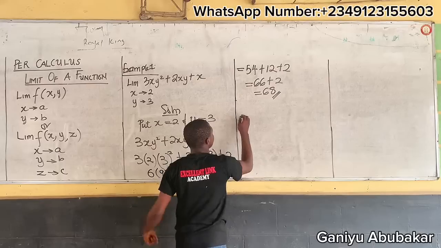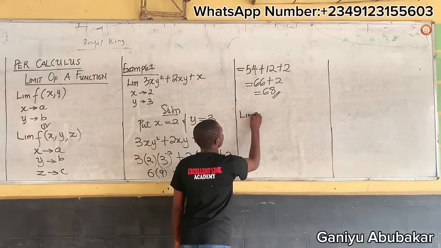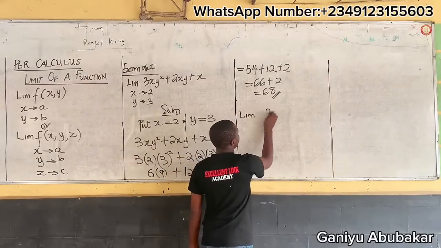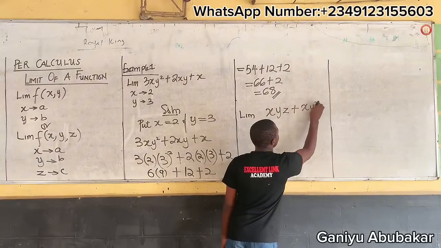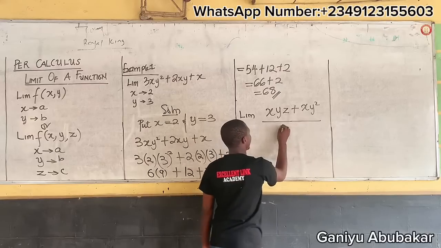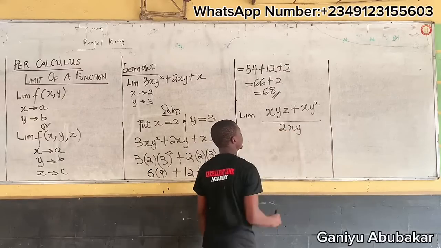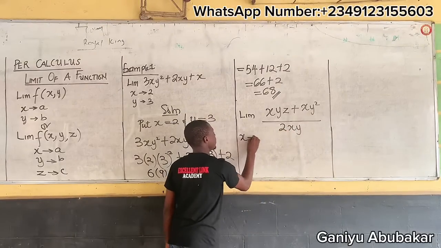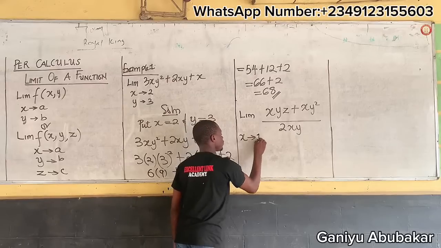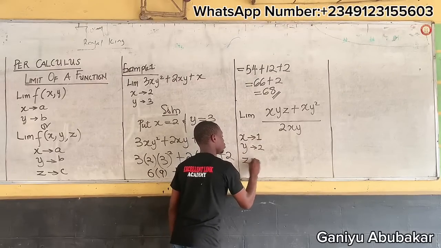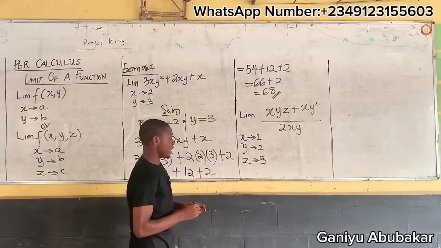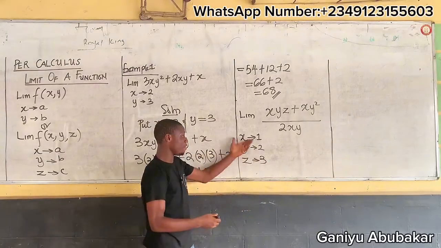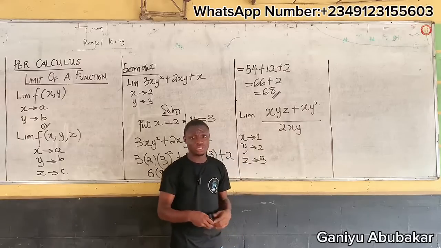So let's say I have the limit of xyz plus xy squared all over 2xy, where x tends to 1, y tends to 2, and z tends to 3. In this case, it's as easy as putting the values into the given function. That's all.